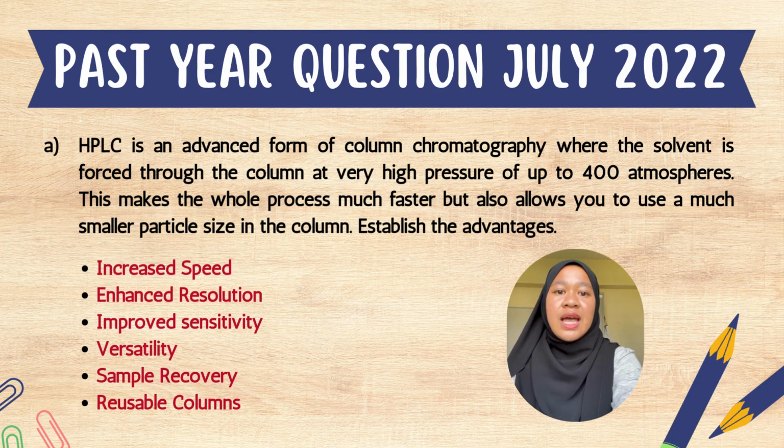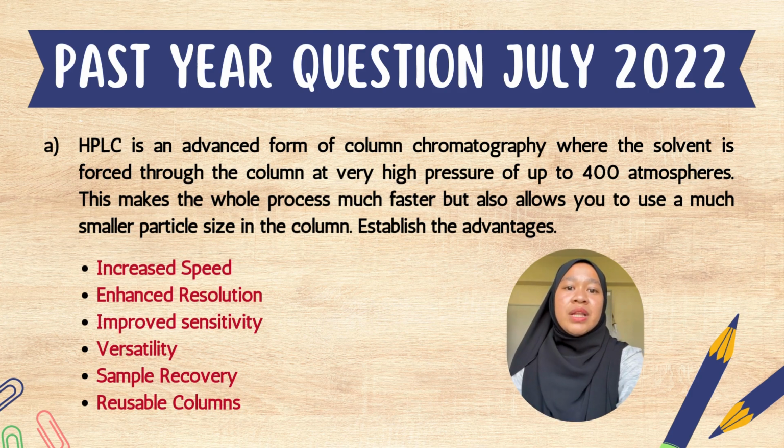HPLC is versatile and can separate a wide range of compounds, including non-volatile and thermally unstable substances. This versatility makes it suitable for analyzing diverse sample types such as organic compounds, inorganic species, biological samples, polymers, and more.